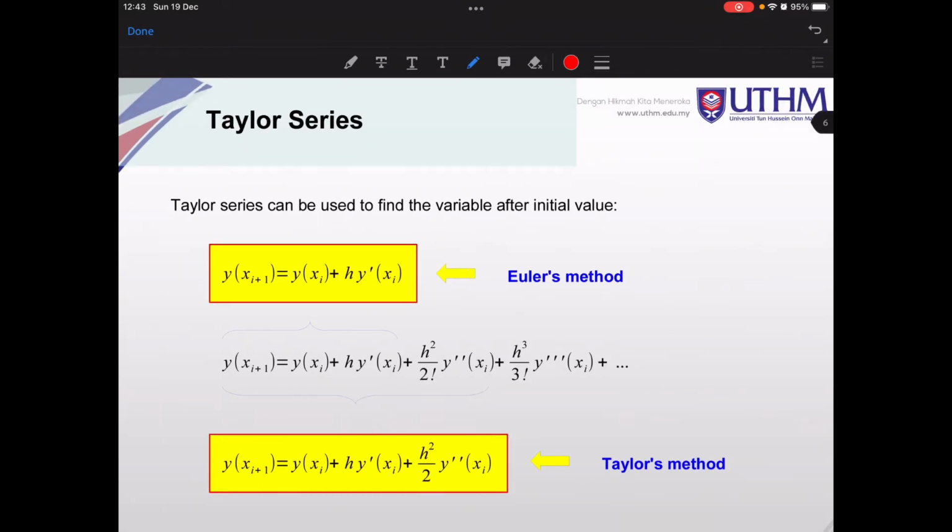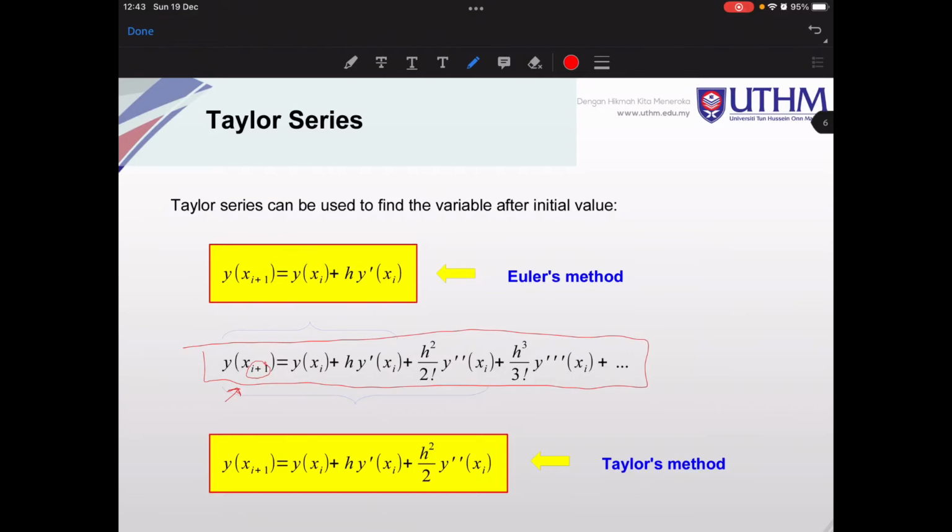In Taylor series, if you can still remember in the earlier chapter, it is given by this equation, whereby y at the next iteration x i plus 1 is equal to y x i plus h y prime x i plus h squared over 2 factorial y double prime and so on.